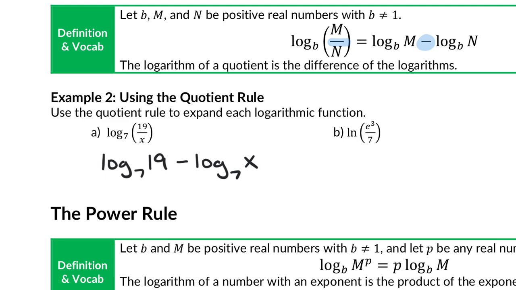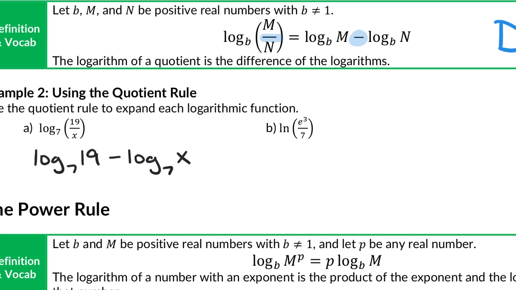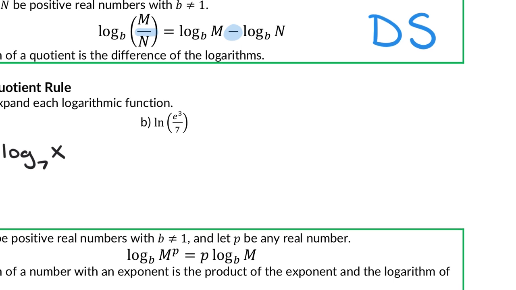Okay, let's apply that to B. Again, I see that there's a division problem, so I can separate this or expand this at the division problem. The natural log of e to the third power minus the natural log of 7. Again, our spidey senses might not be going off just yet, but hopefully you start to remember something else here.